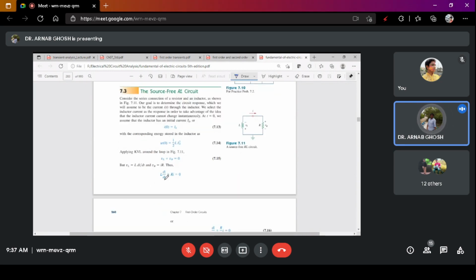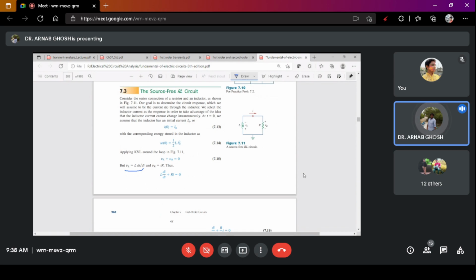This is the expression of voltage across the inductor: VL is equal to L multiplied by di by dt. We are assuming that the current across the inductor is changing with respect to time.